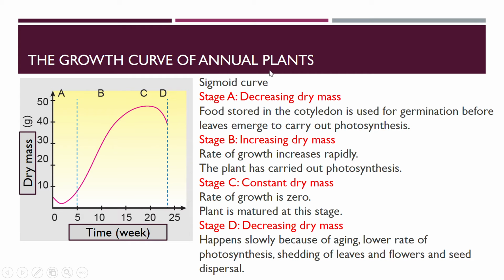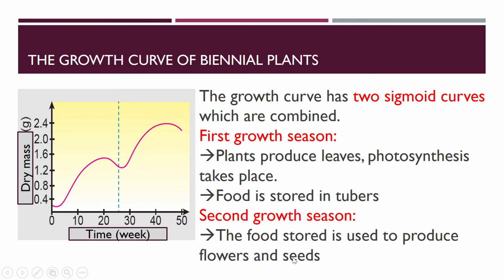For annual plants, sigmoid curve. Okay, sigmoid. Okay, kemudian ada stage di situ, setiap satu maybe you can go through yourself. This is quite straightforward. If biennial, double sigmoid curve. So ada dua S dekat sini.